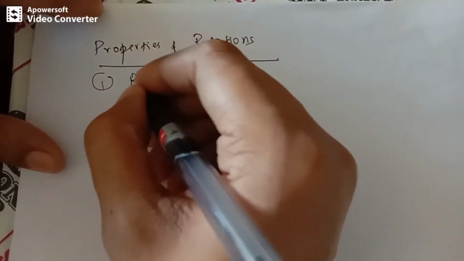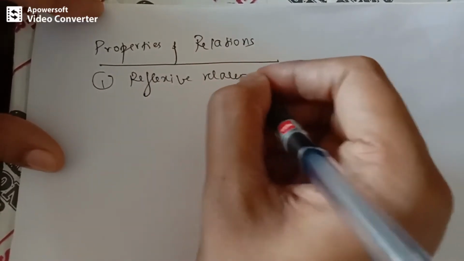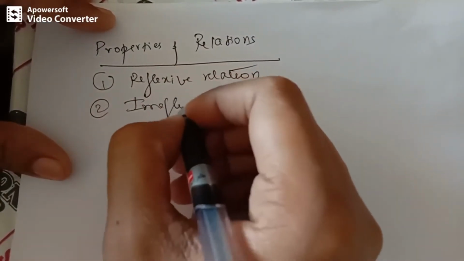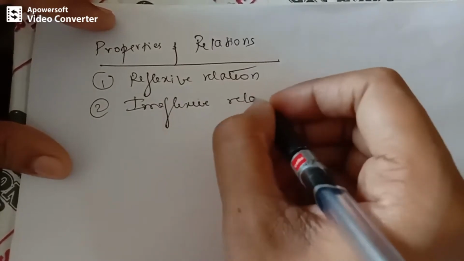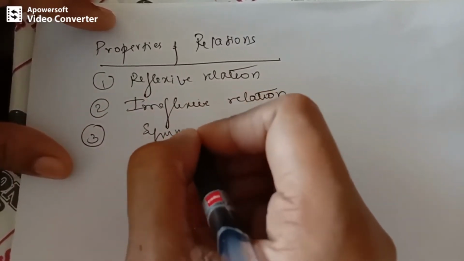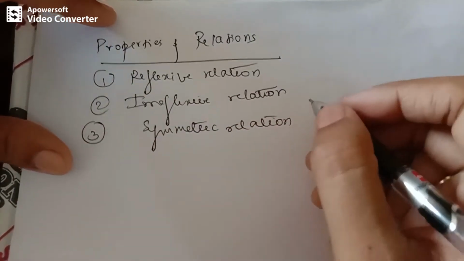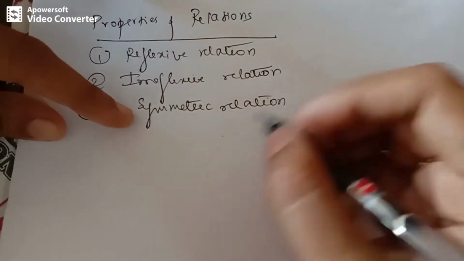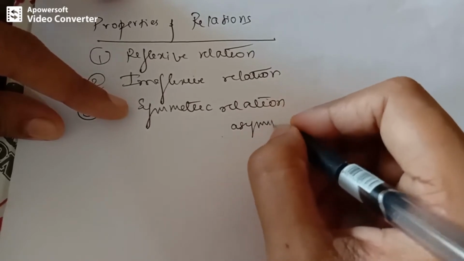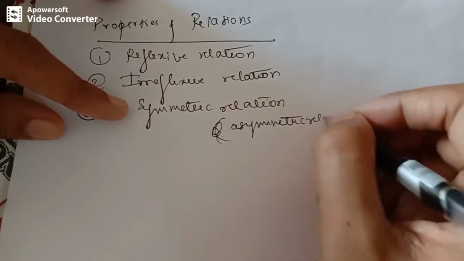So you have got so many different kinds of relation. That is, you have got reflexive relation. You will be looking into what is meant by irreflexive relation, and next you will see what is meant by symmetric relation, and whenever we find that a relation is not symmetric, we also call it an asymmetric relation.